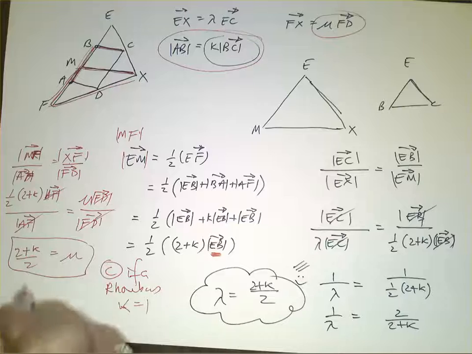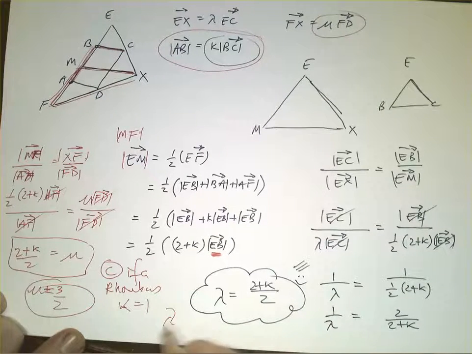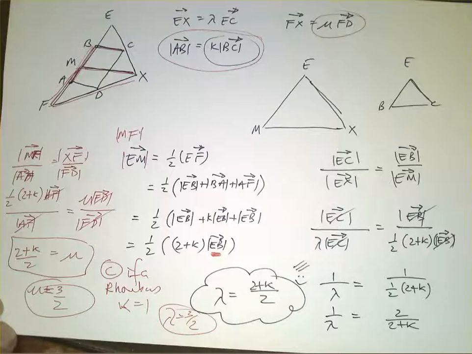And since K equals 1, mu is going to equal 3 on 2, and lambda is going to equal 3 on 2 for it to be a rhombus.